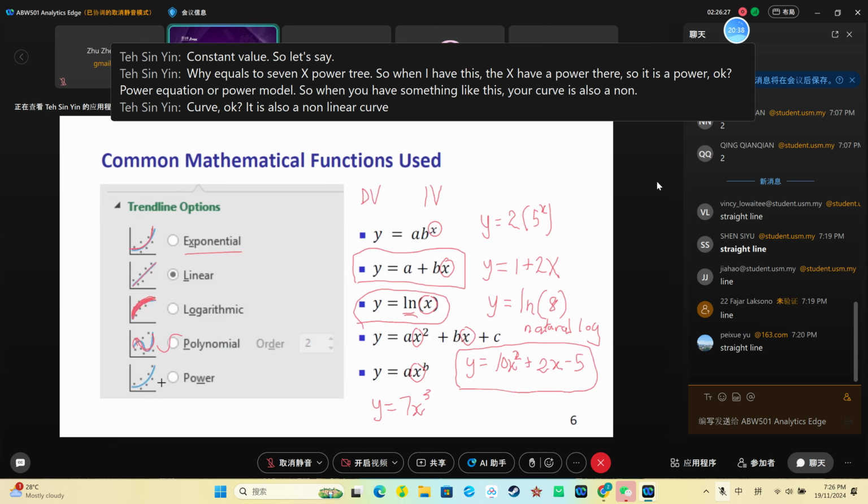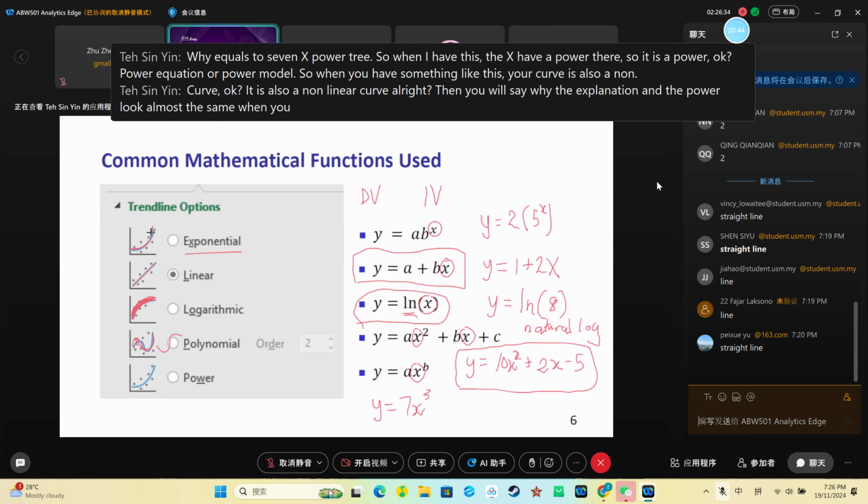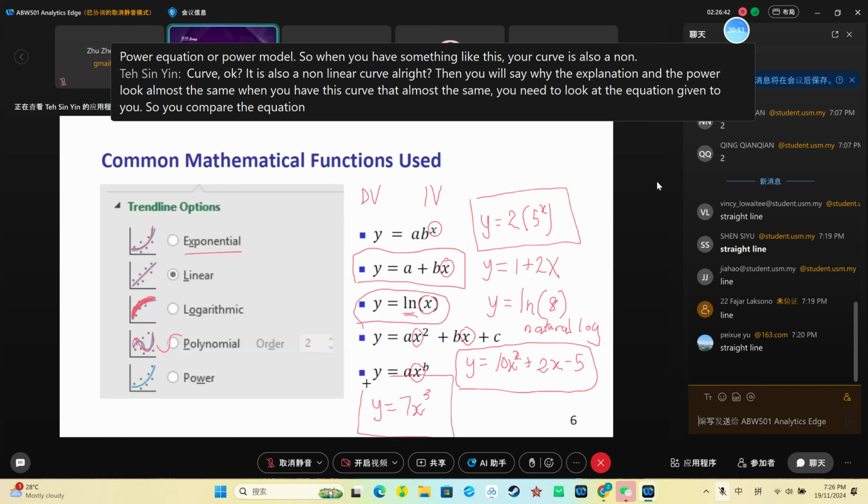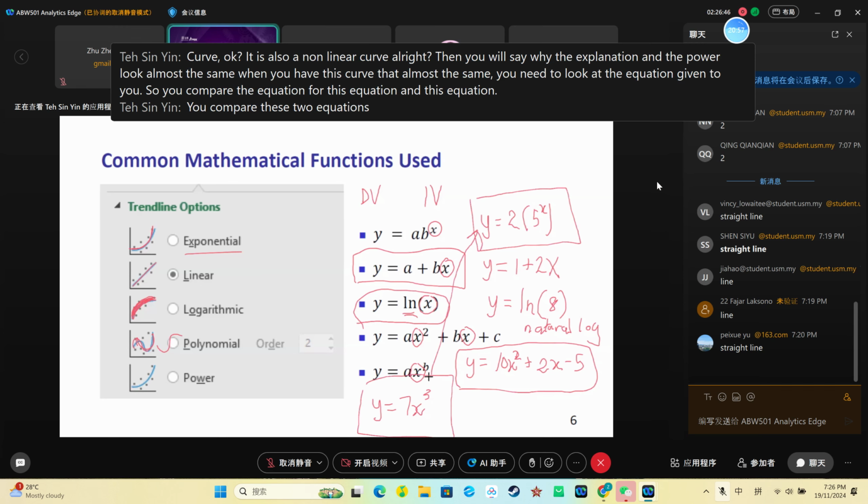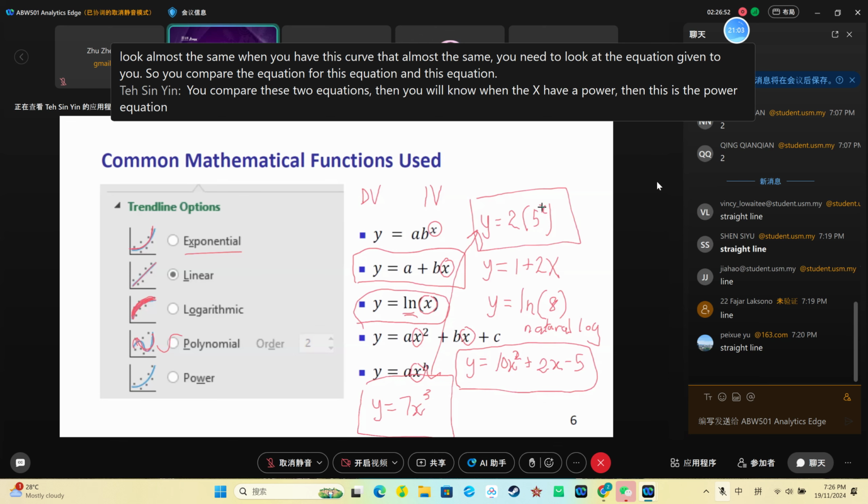All right. Then you will say, Dr. Ted, why do the exponential and the power look almost the same? When you have curves that are almost the same, you need to look at the equation given to you. You compare these two equations, then you will know: when the x has a power, this is a power equation. When your x is at the power side, it is an exponential equation.